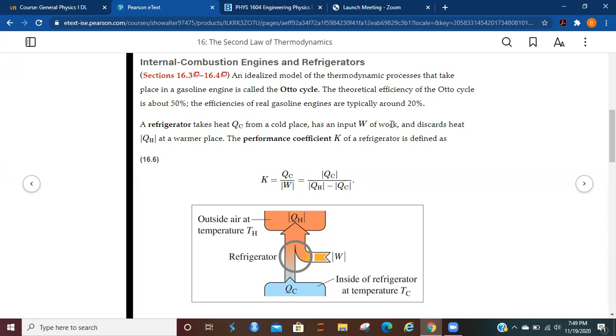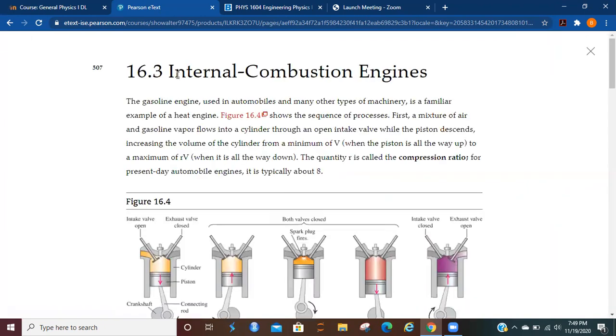So the performance coefficient, K, of a refrigerator is going to be defined as K is equal to Q sub C divided by W, or the amount of work. And then if we look at the amount of work here, where work is going to be the difference between Q sub H and Q sub C, we will get our performance coefficient. So that'll be the second half of this lecture.